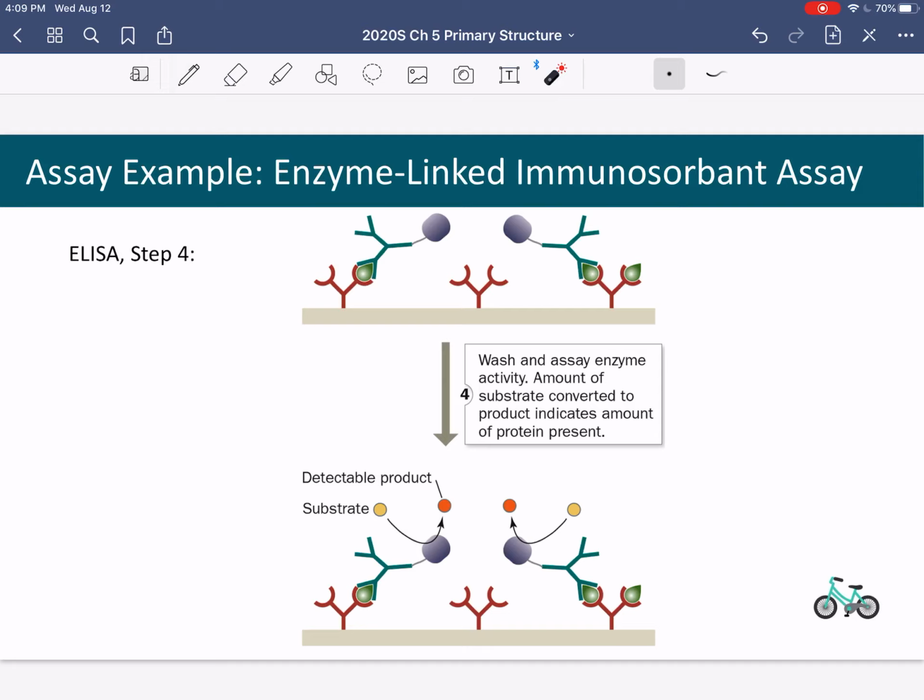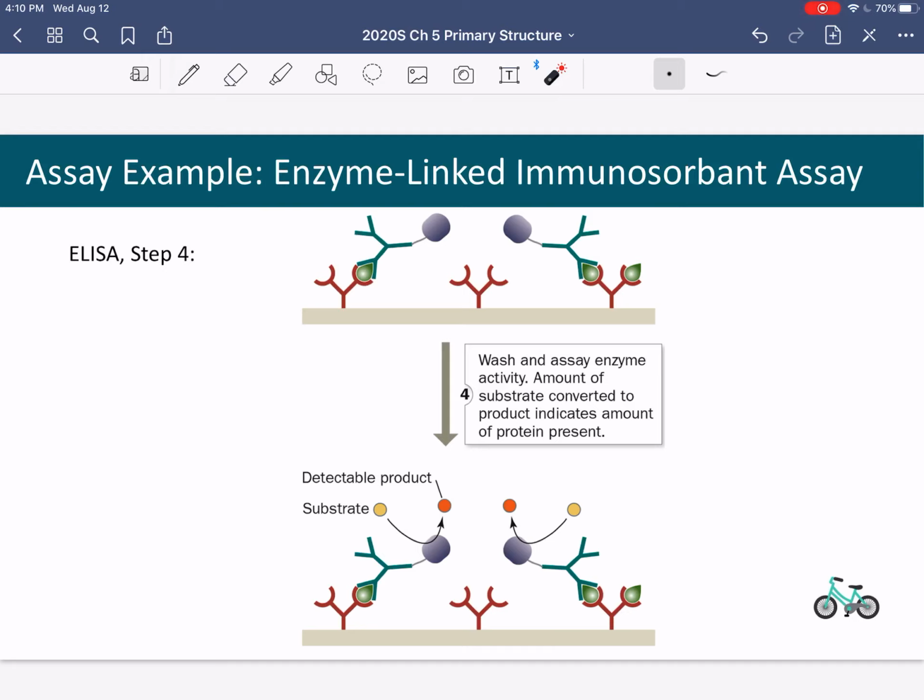So you've got to use this trick of an enzyme, a well-characterized enzyme that has a substrate that could be colorless, or it could be one color, let's say yellow, and then when the enzyme reacts with it, it turns orange or dark brown in some cases. And when that happens, you see a color change on your sample plate, and you know that that sample of blood actually had the virus in the case of a rapid coronavirus test, for example.